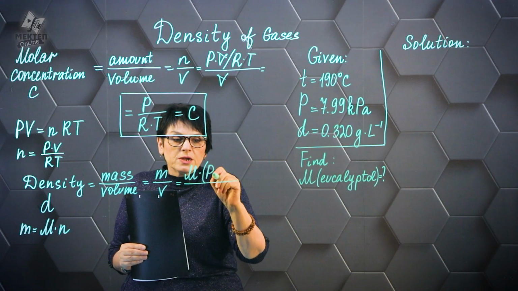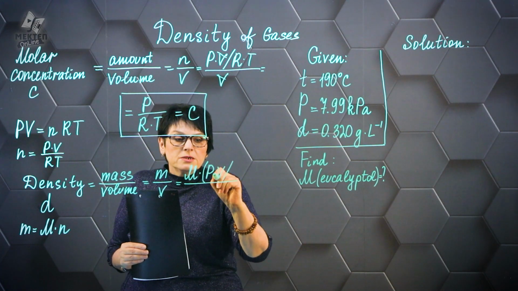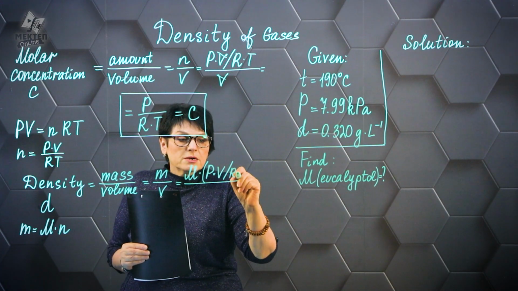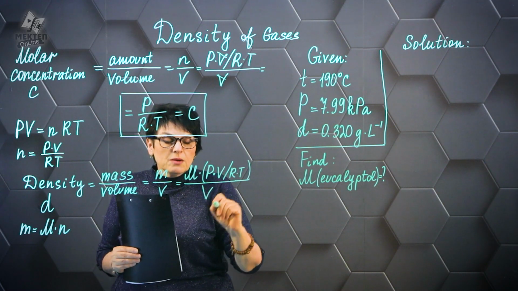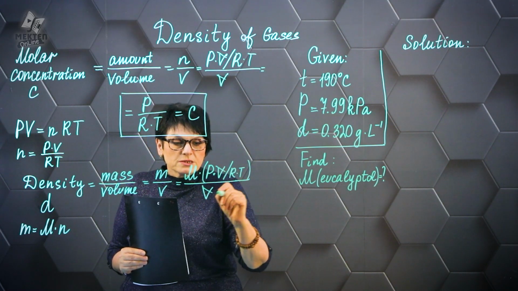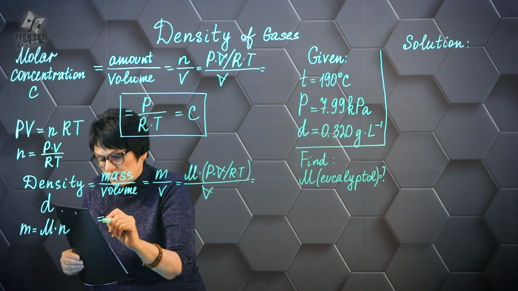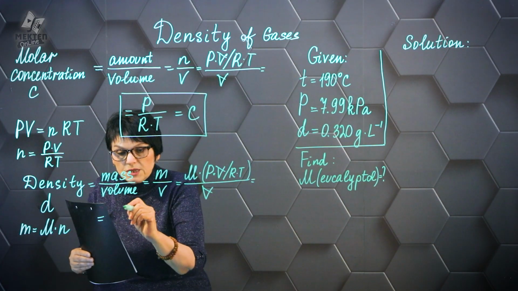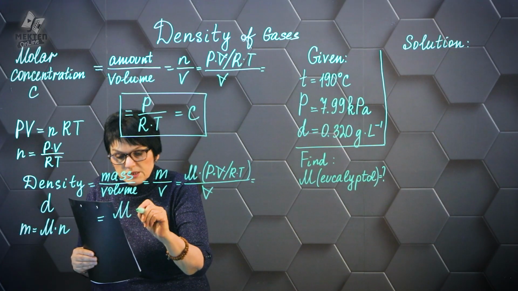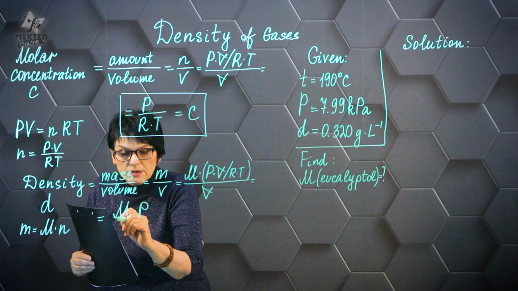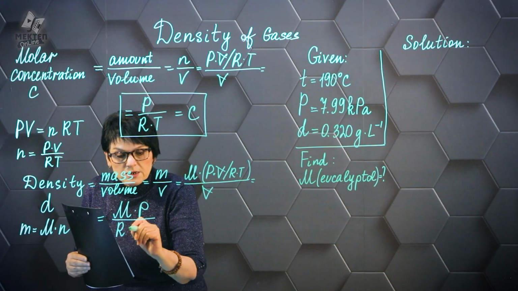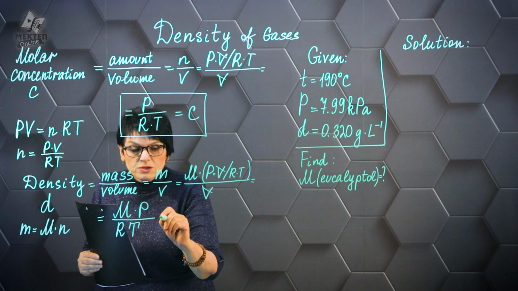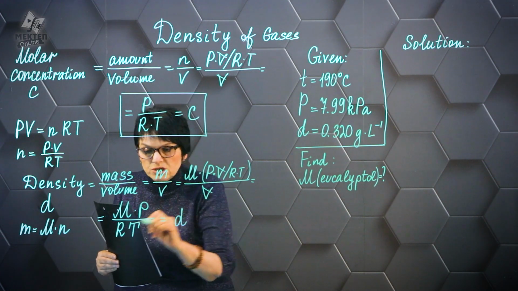That would be P multiplied by V, divided by R times T, and divided by volume. Then V and V are reduced, and we end up with the molar mass multiplied by the pressure, and at the bottom we have R and T. That's how we get the value for density.